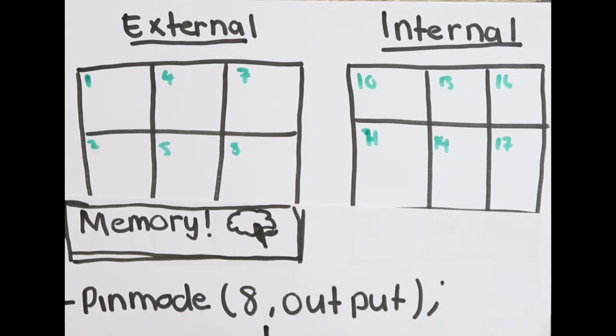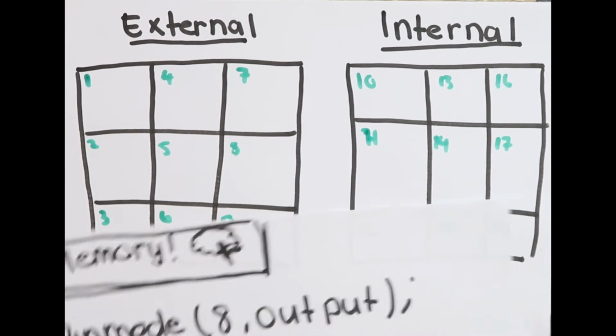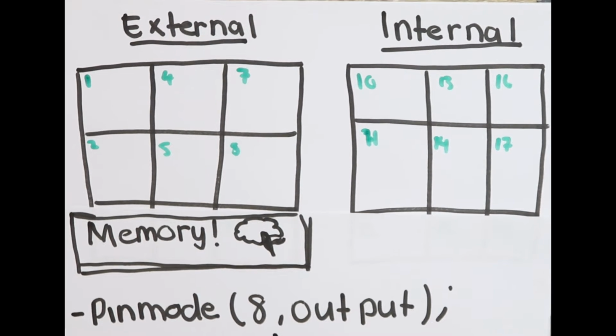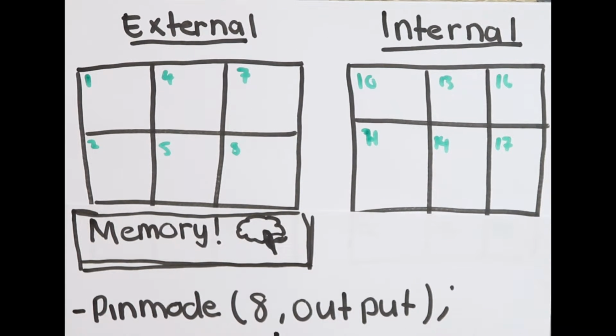So now you've given it information to remember, so that this information remains the same in its memory, and it remembers that this is how things are configured. So if this is the first instruction in your code, it's going to look at external memory. That's the first step, because it knows that a pin is an external device, and then it's going to go into the shelf of external memory.